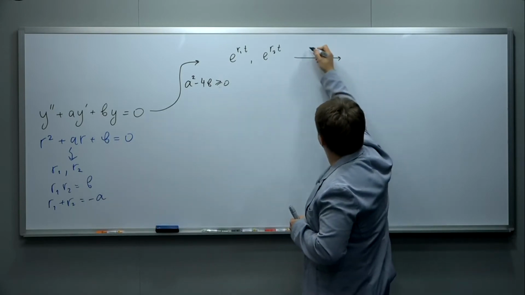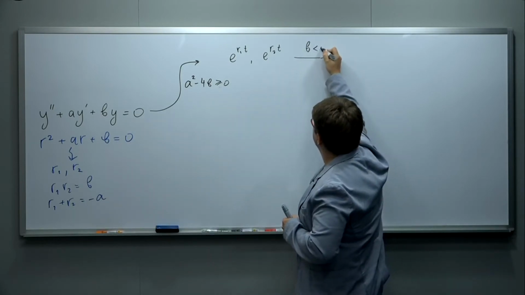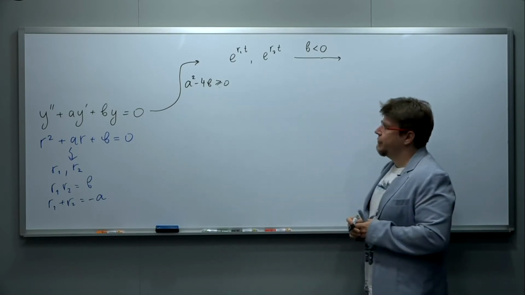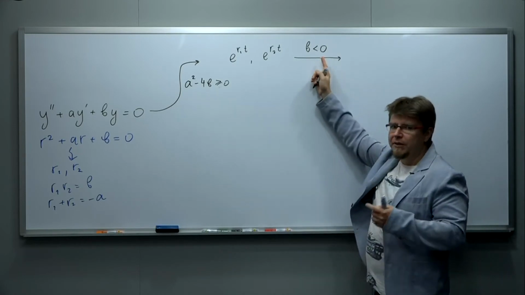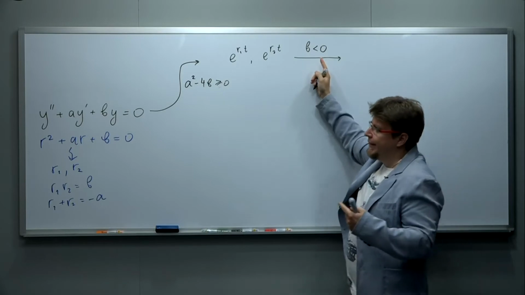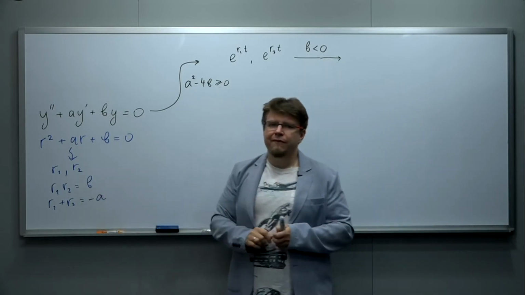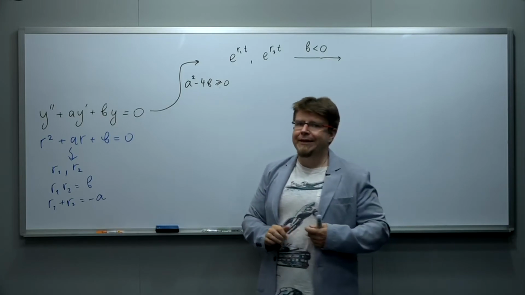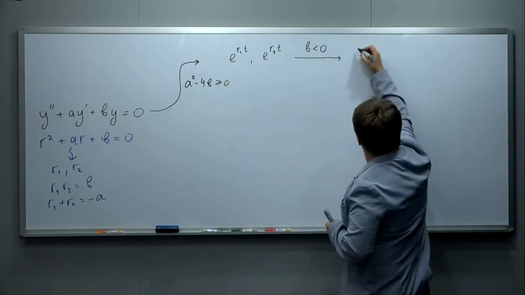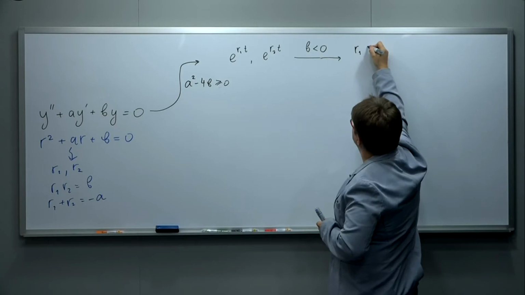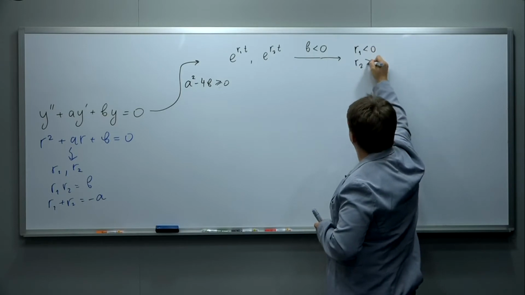Let me look at the case when b is negative first. If b is negative, it means that one root is positive and the other one is negative, because the product of two numbers is negative if and only if one of them is positive and the other is negative. So say r1 is negative and r2 is positive.